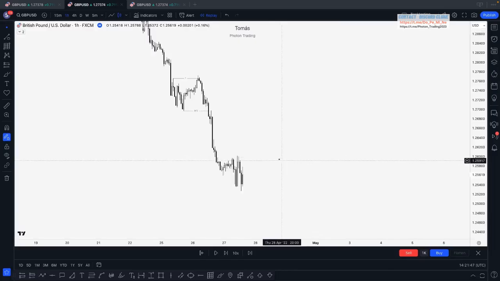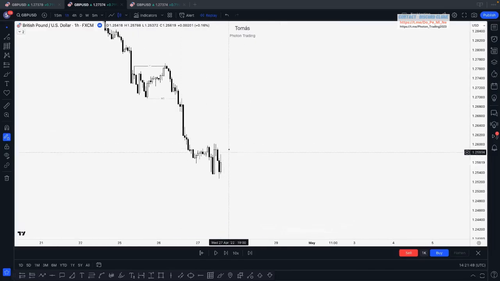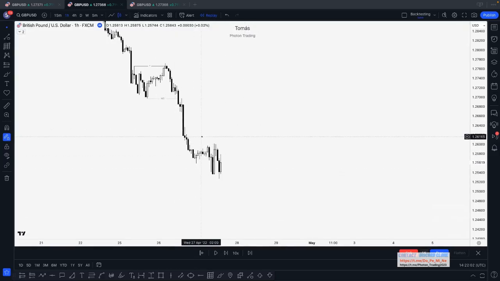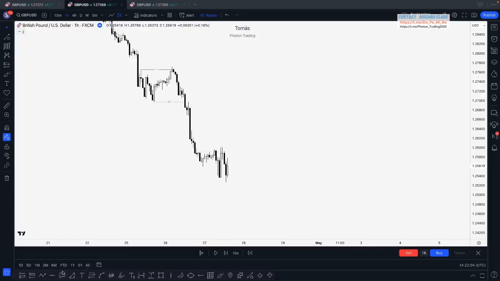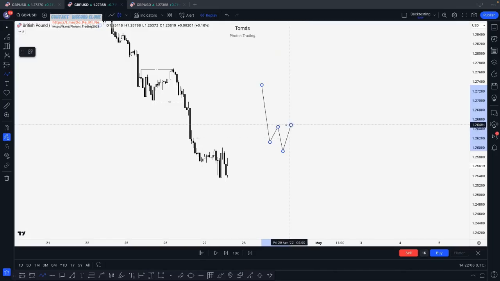Like I said in the beginning, usually when price starts to develop and you give time for price, you don't rush, you let price develop, it makes everything much clearer. And what happens, price just forms a well-developed range, which is basically price went down, went up, swept the high.